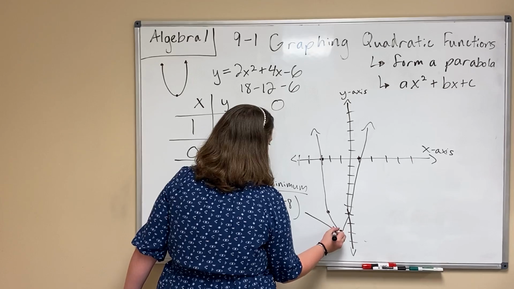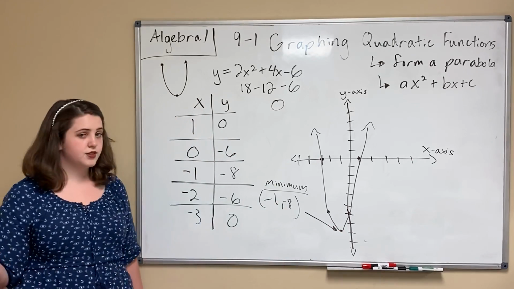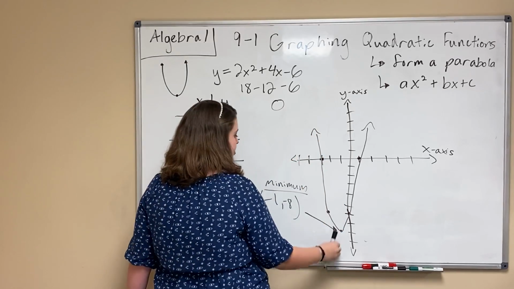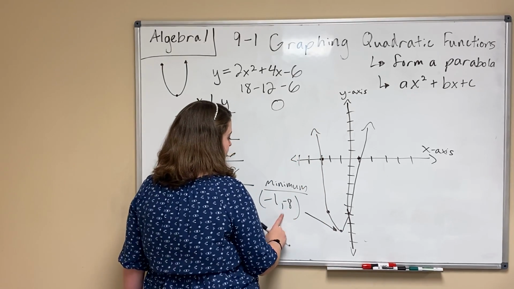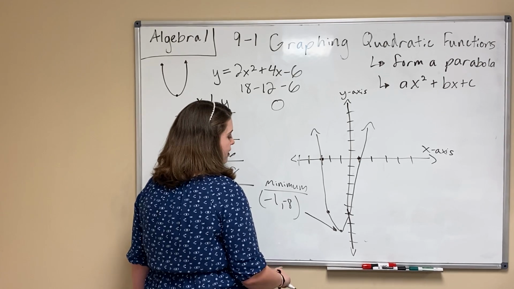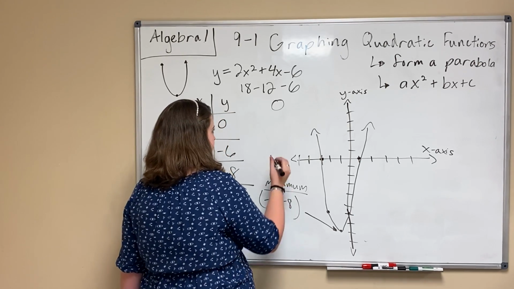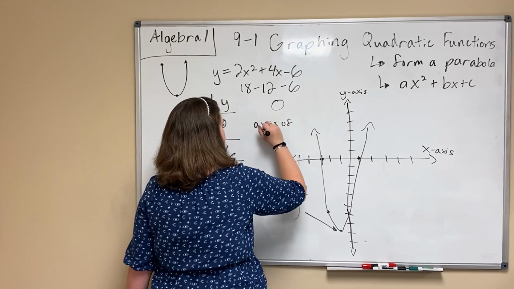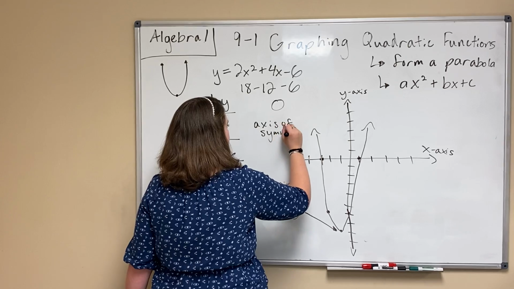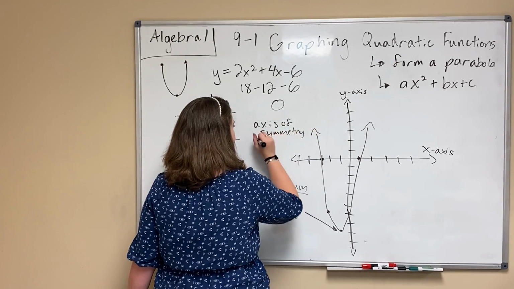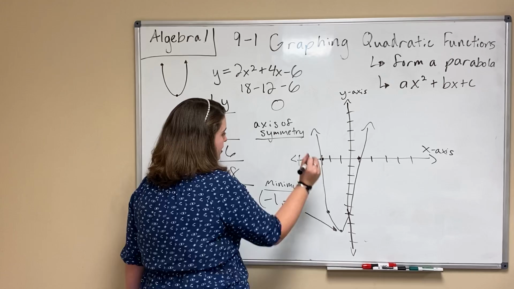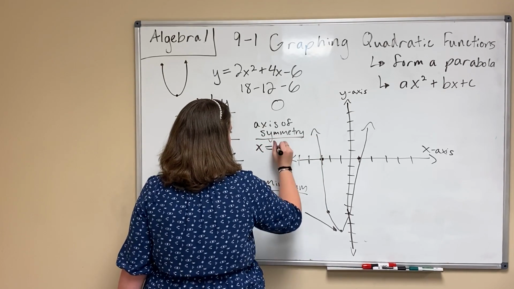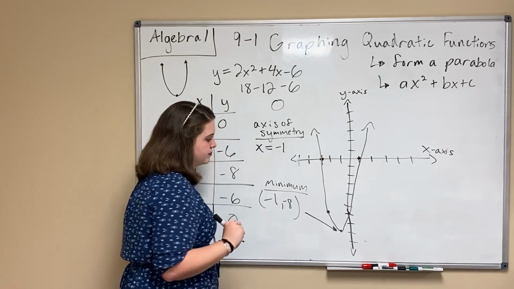Something else you'll have to find is your axis of symmetry. Remember, I told you that is the line that we can draw through our graph to cut it in half. And it's also going to go through our minimum. So our axis of symmetry will be the line where x equals -1.